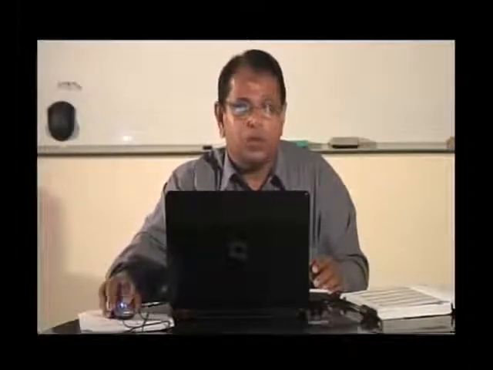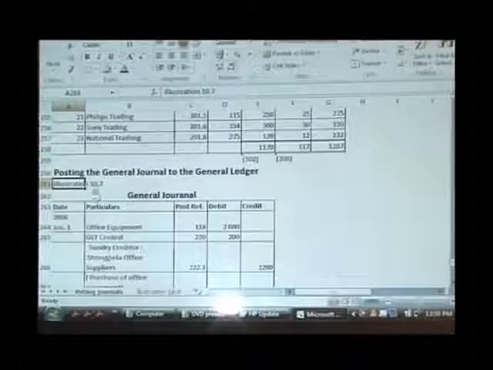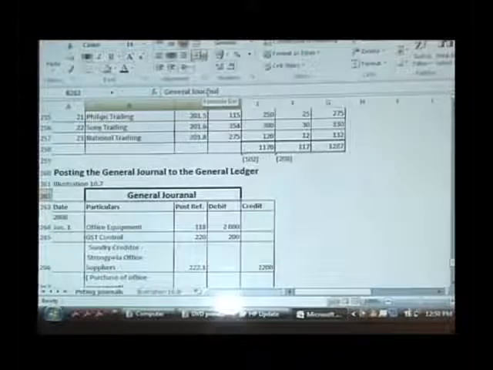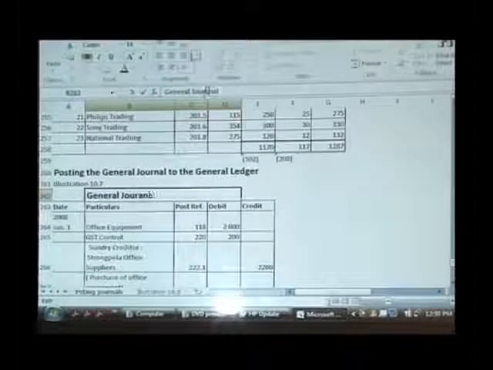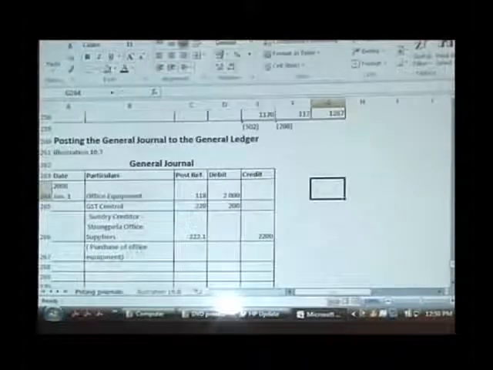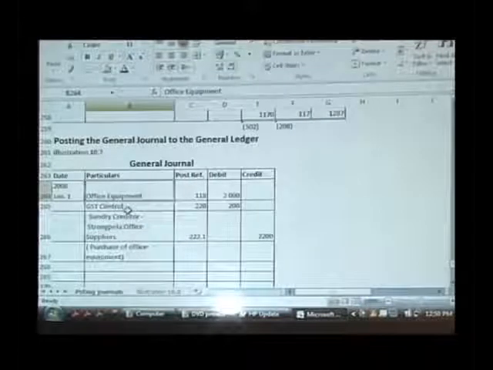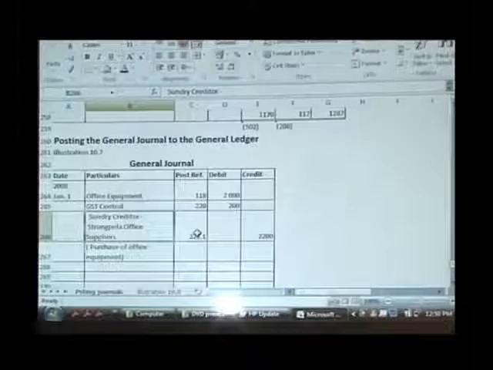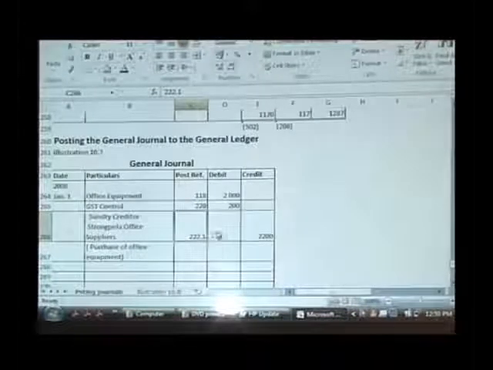Turn to illustration 10.7, where you can find this journal, general journal, only one item, where it says the business has purchased office equipment on credit from Strong Pillar Office Suppliers.